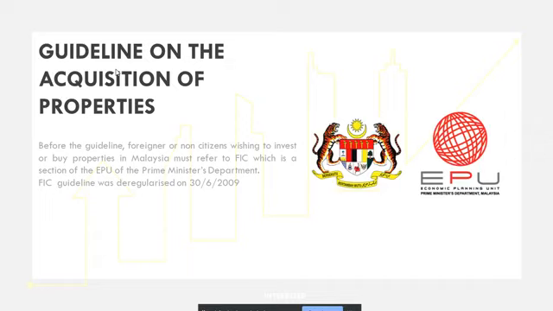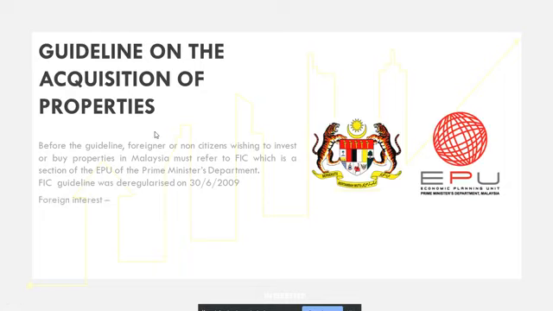FIC ni stand for Foreign Investment Committee lah. Dia keluarkan guideline. So sekarang ini benda tu dah deregularize lah on 2009 and replaced by this guideline on the acquisition of properties.